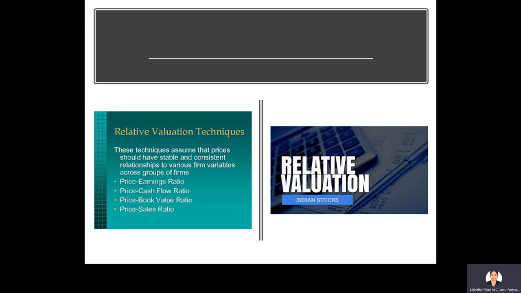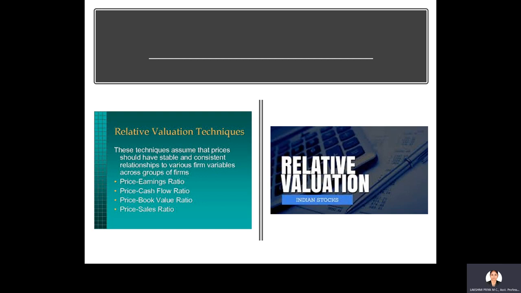Operational multiples. An operational multiple expresses the enterprise value in relation to a specific operational variable that is a key driver of revenue or cash flow. So some of the examples of operational multiples from different industries are: for an energy-related industry, the operational multiple is EV to kilowatts per hour production capacity.